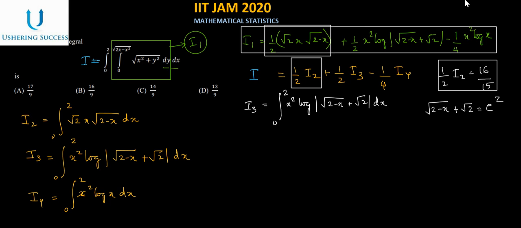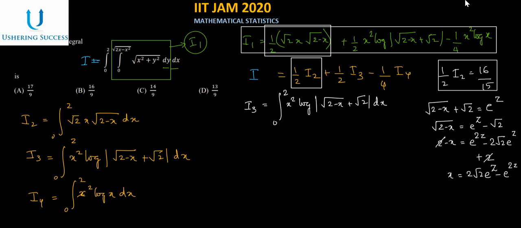So therefore root over 2 minus x becomes e to the power z minus root 2, or squaring both sides we get 2 minus x is equal to e to the power 2z minus 2 root 2 e to the power z plus 2, and I can cancel 2 from both sides, so x becomes 2 root 2 e to the power z minus e to the power 2z.